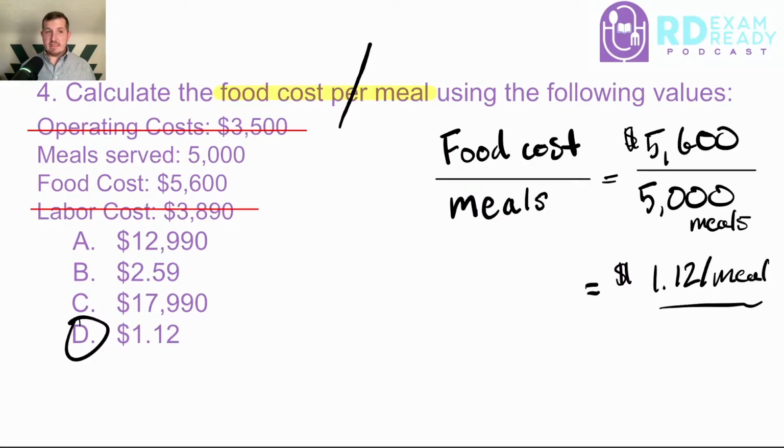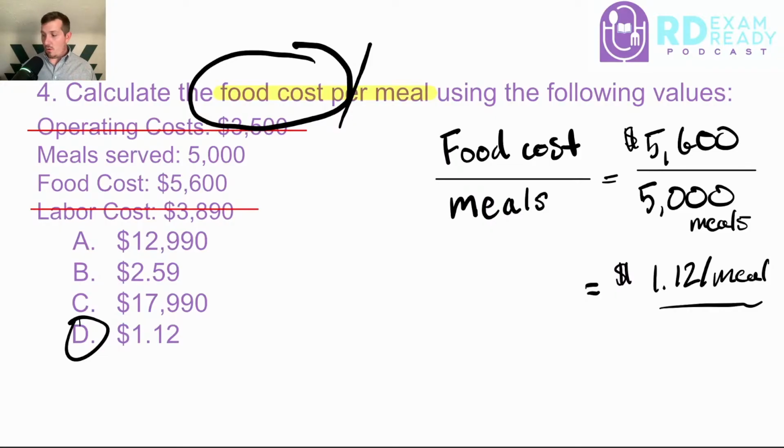Yes, Laura. In this case, the reason I would not have included the labor cost is just because the question specifically asked for the food cost. So when it's specifying food cost, it's just looking at the food cost.